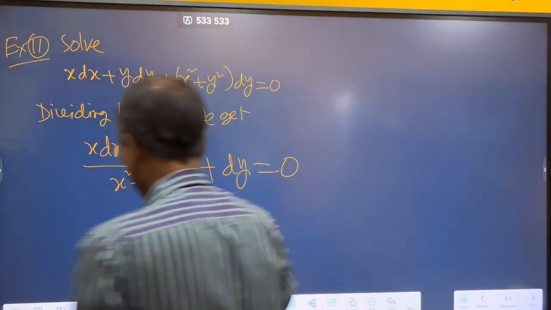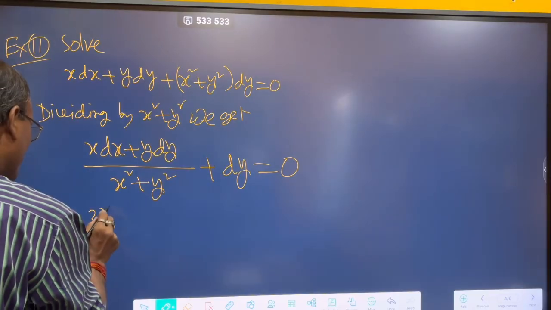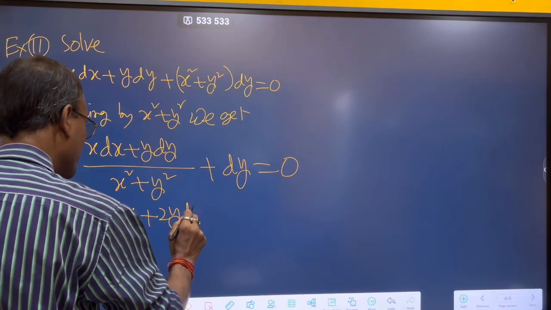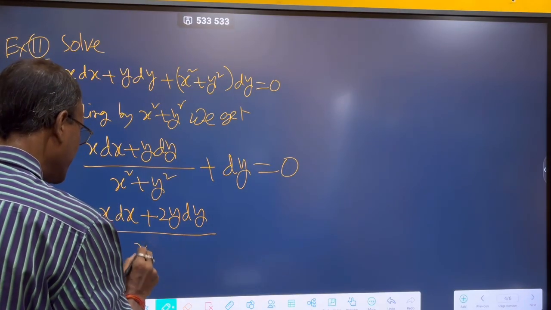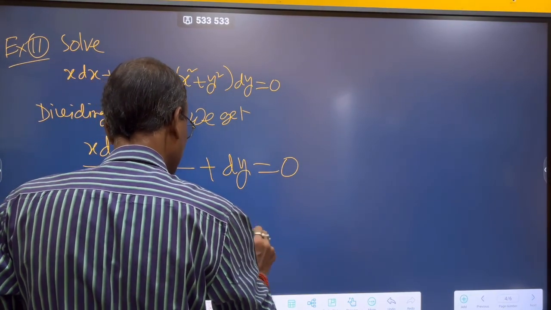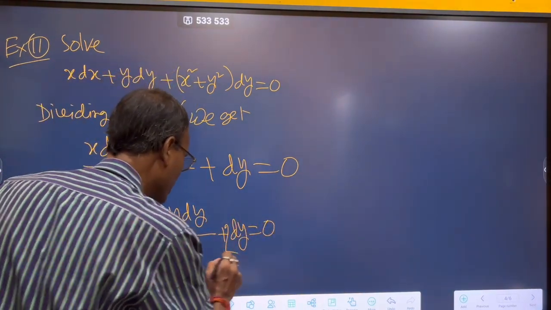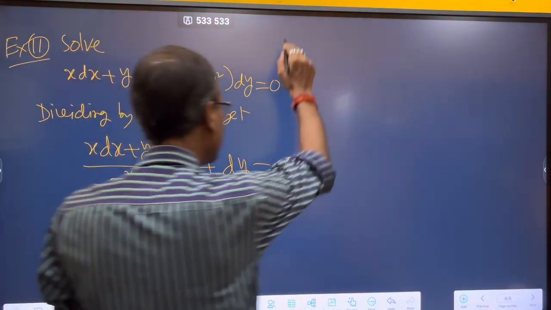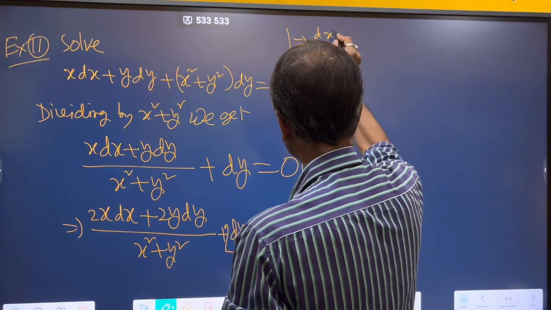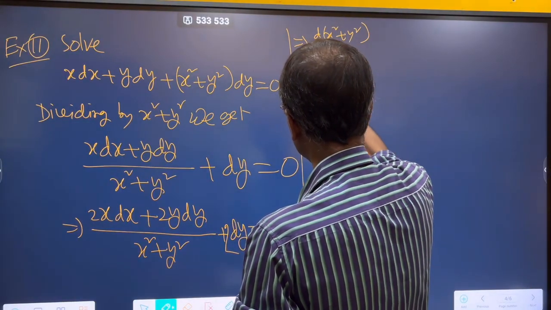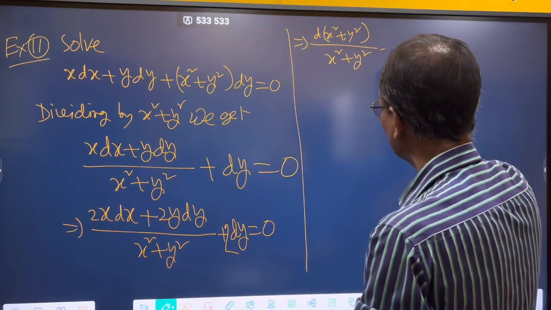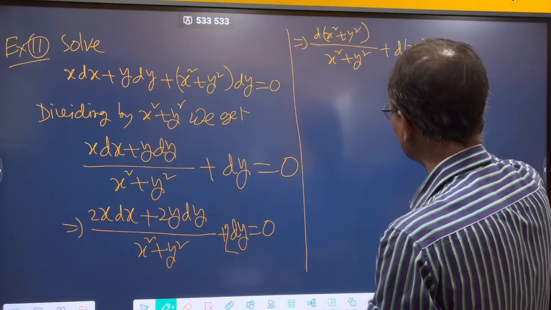You may write like this, or you may multiply by 2 in both the equations. Then you may write here d of x square plus y square divided by x square plus y square plus d of twice y equal to 0.